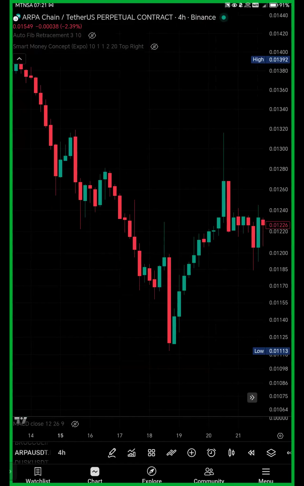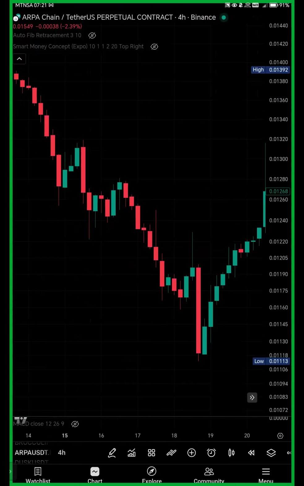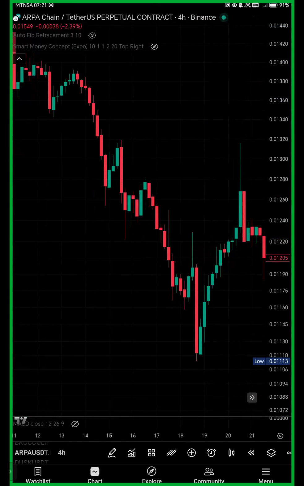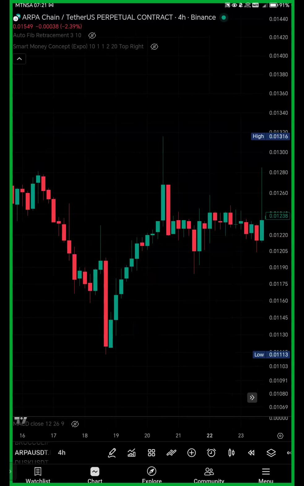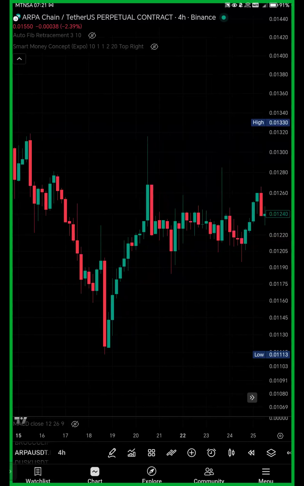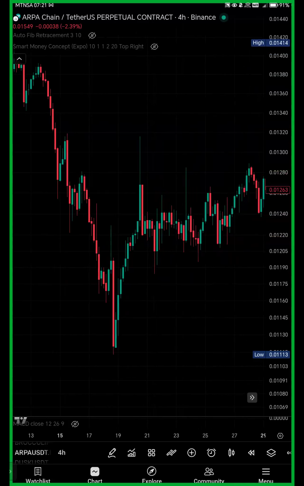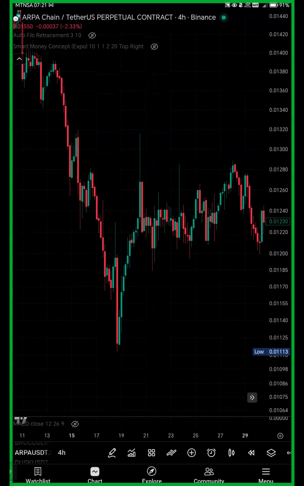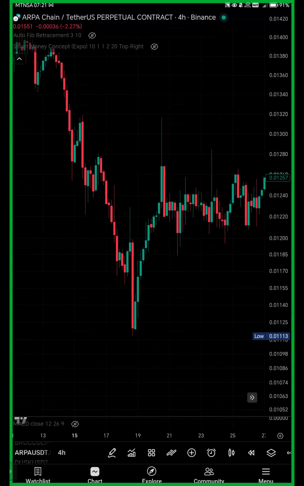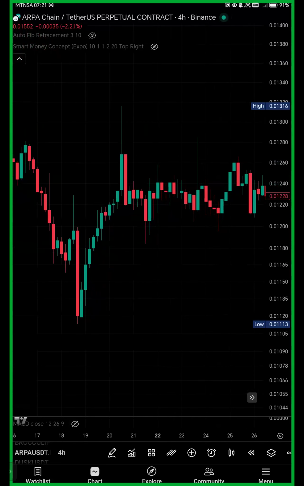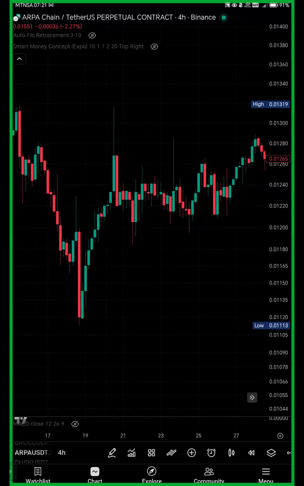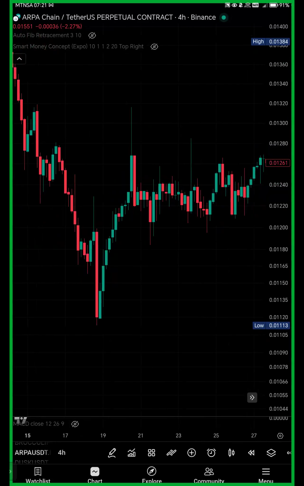What is this, guys? What is happening here? Let me zoom it out. I want you to see both directions of the market, right? Let me just zoom a little bit so that you are able to see both directions of the market.